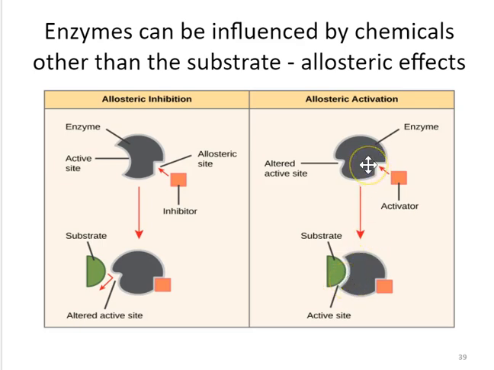So the enzyme can't actually do its job until the activator binds to it, and it triggers opening of the active site and the functionality of the enzyme. So these little inhibitors or activators, these would be extra secondary chemicals or molecules that are controlling the function of the protein, either turning the enzyme off or turning the enzyme on, depending on the context of the particular enzyme.